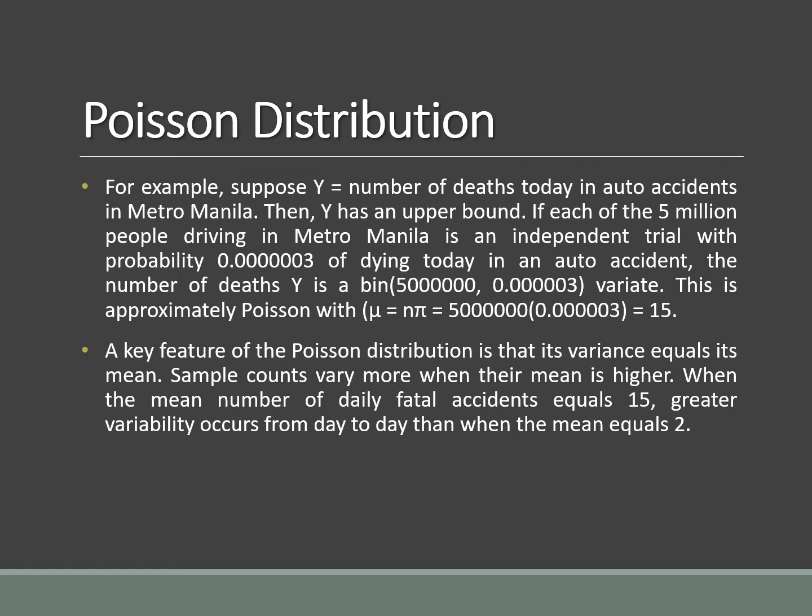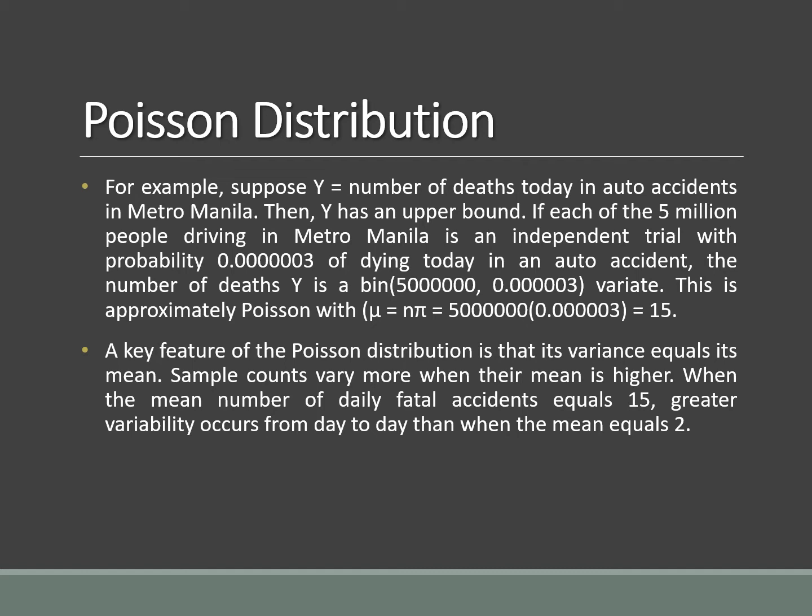A key feature of the Poisson distribution is that its variance equals its mean, as we've already stated in the previous remark. So sample counts vary more when their mean is higher. As you can see, the variability is dependent on the mean. The higher the mean, the higher the variance, meaning the more spread the values could be. But if we are dealing with a Poisson distribution with a very low mean, say 2, then the spread of the values is also small.